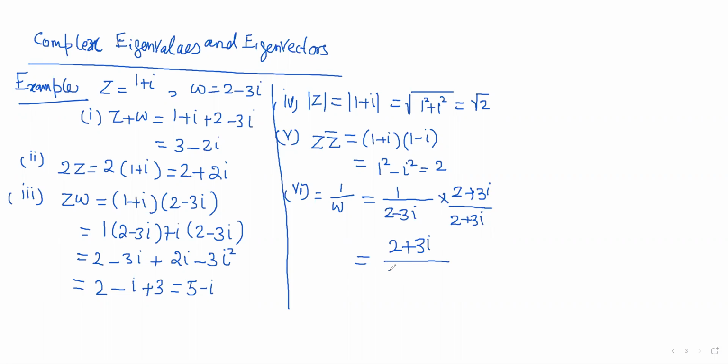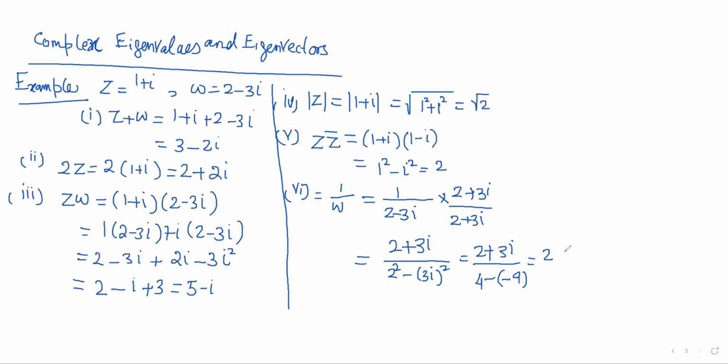3 iota square. So it is equal to 2 plus 3 iota over 4, and this will be 9 iota square, so minus minus plus, it will be minus minus 9, that is plus 9.